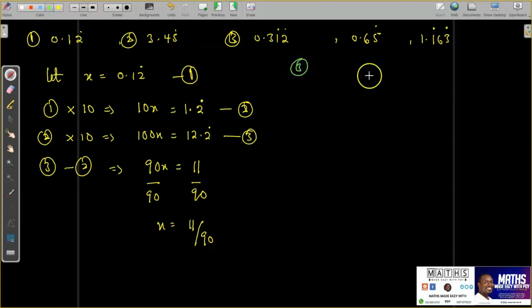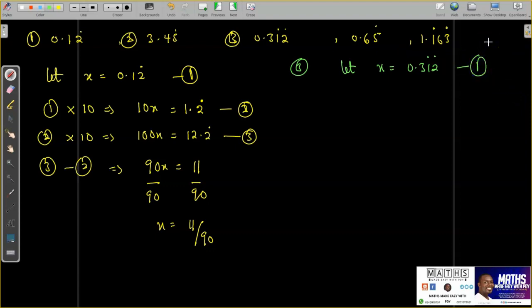So looking at question 3, we generate an equation. Let a variable x equal 0.312 recurring, with the bar on top of the 1 and then the 2. Then we label it as equation 1.